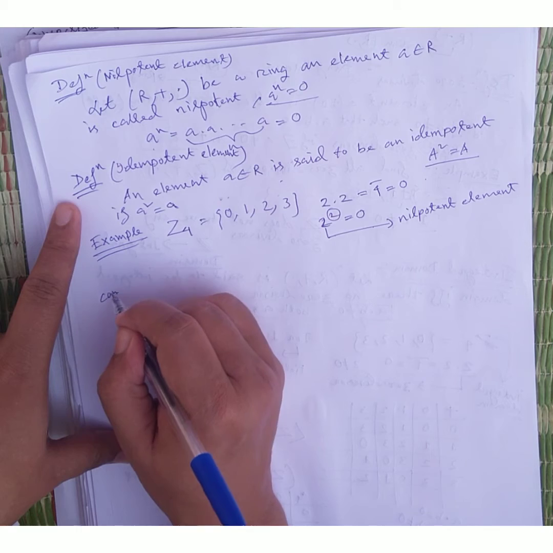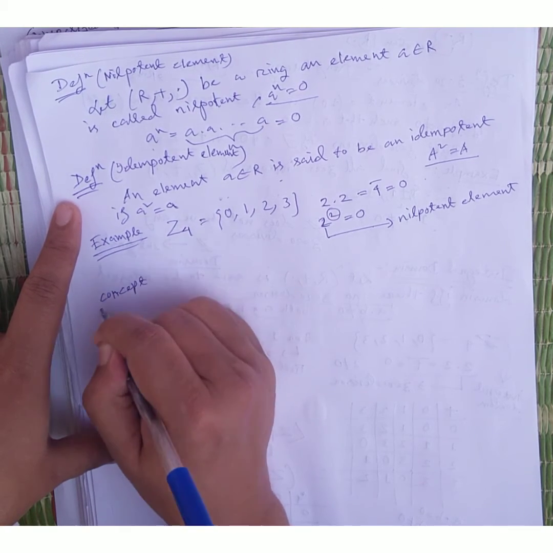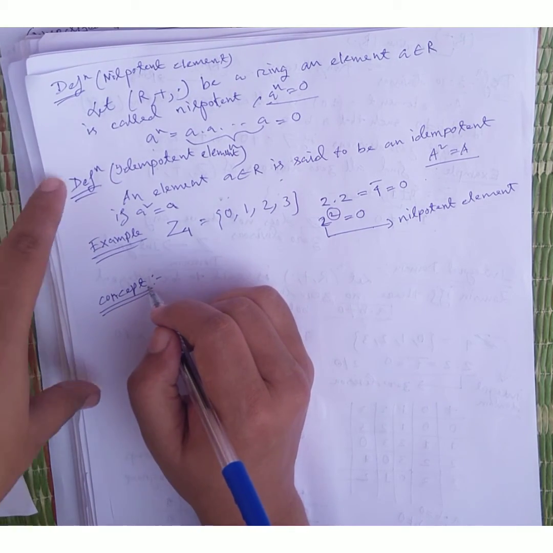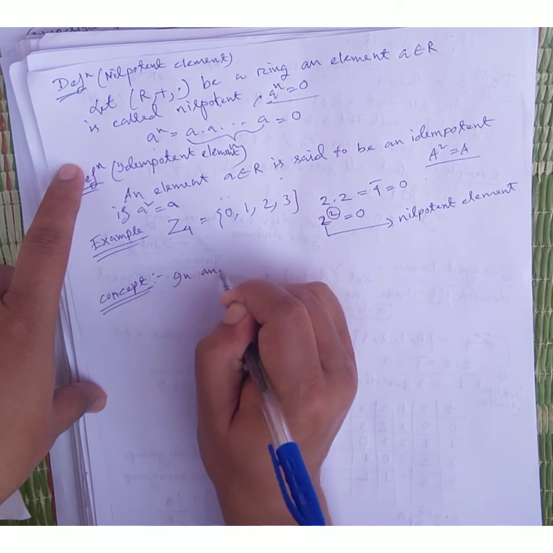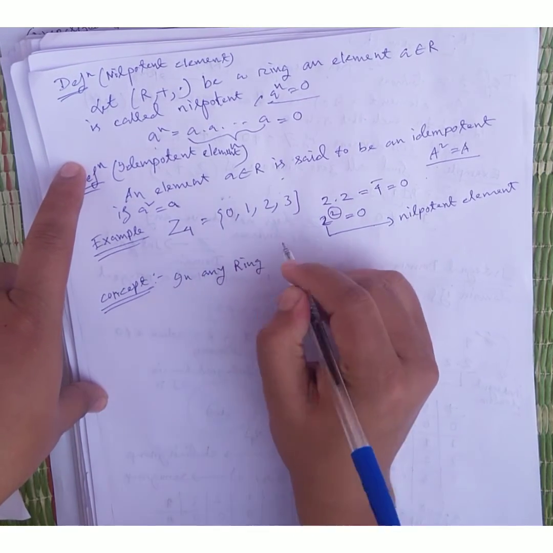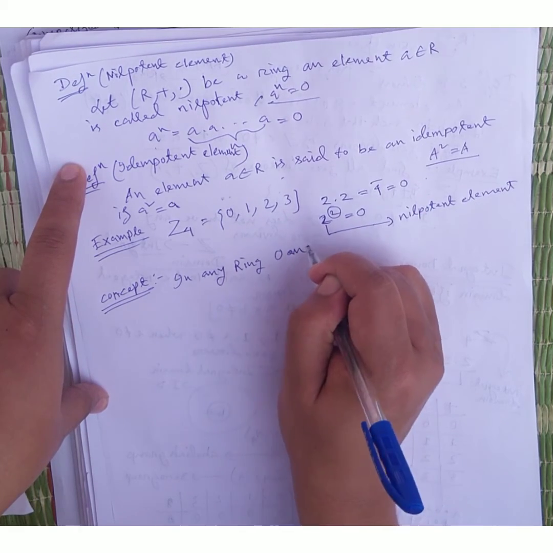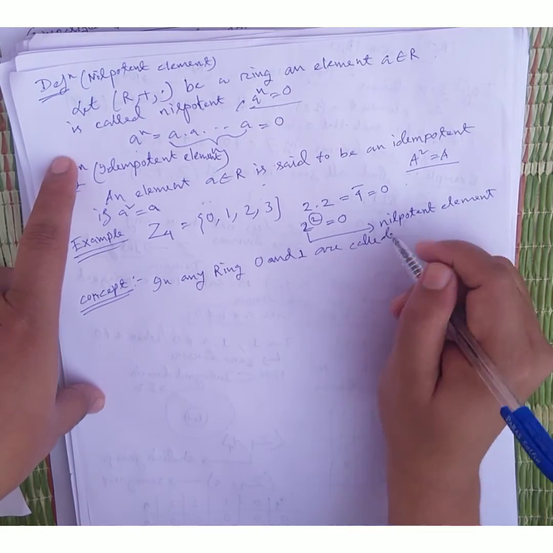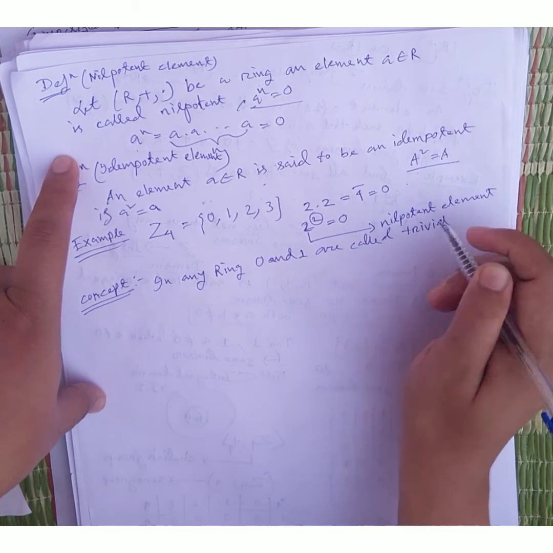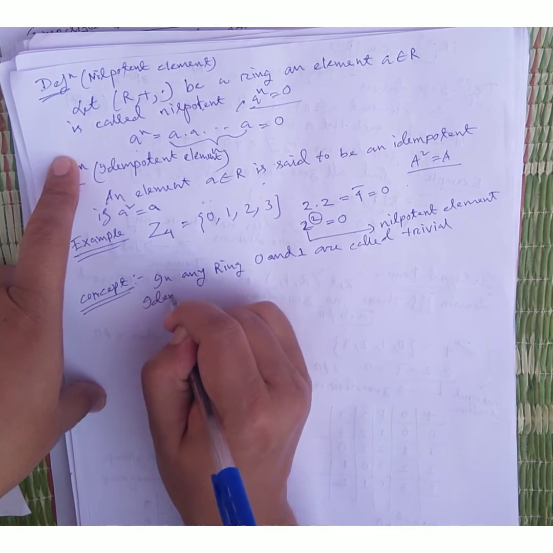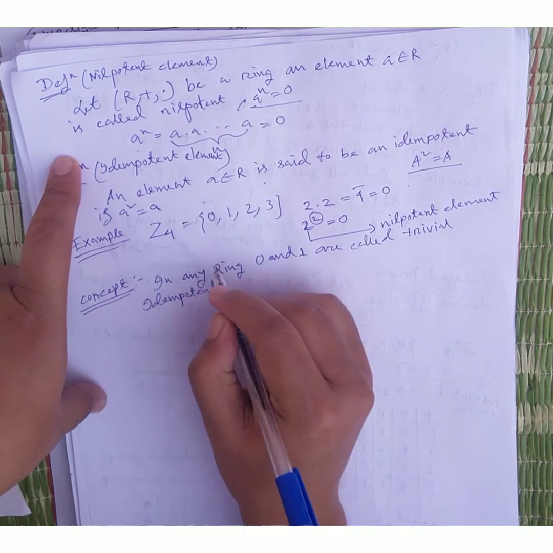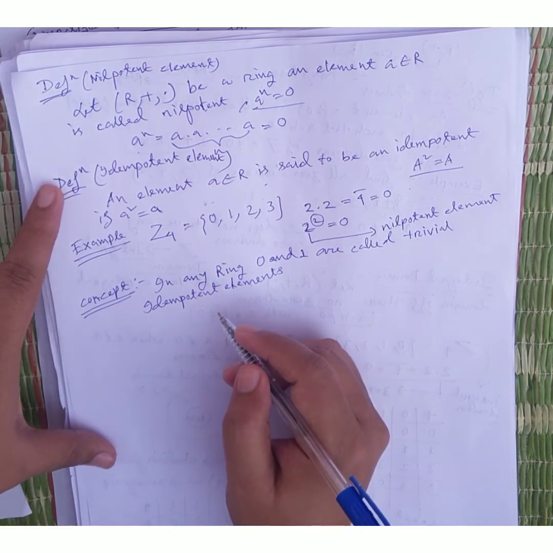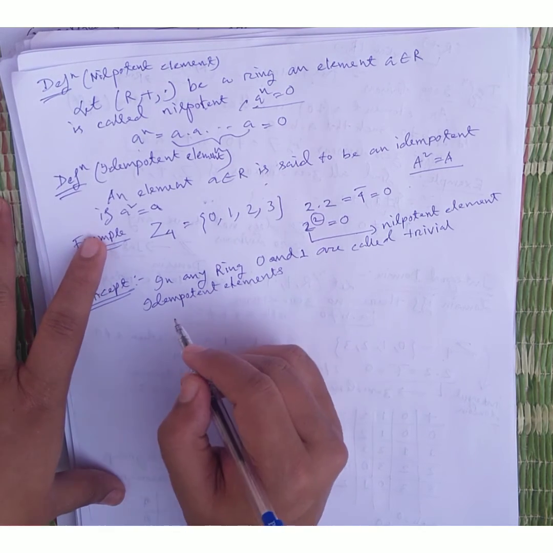Another concept, or note, you can say that in any ring 0 and 1 are called trivial idempotent elements. In any ring, 0 and 1 are called trivial idempotent elements.